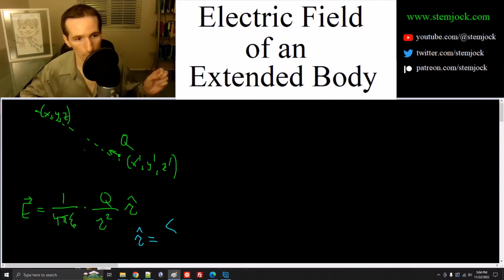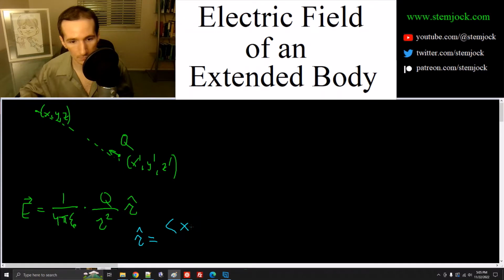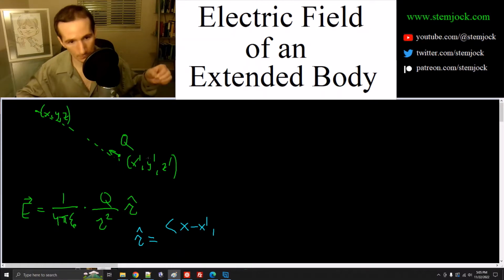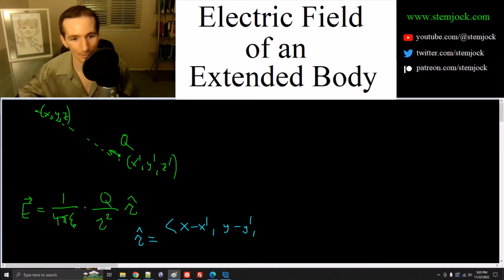We start with the to vector and we subtract the x component of the from vector. So the x component is x minus x prime. The y component, we subtract the from vector from the to vector, so it's going to be y minus y prime and then z minus z prime. Always to minus from.